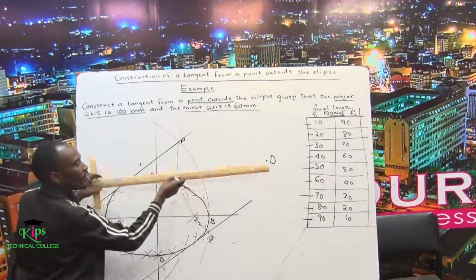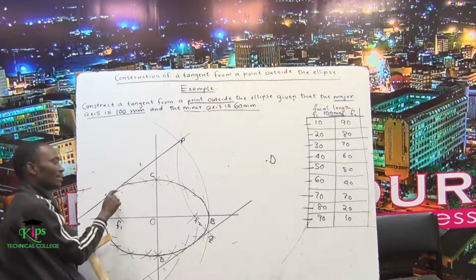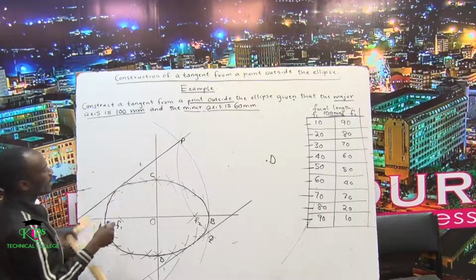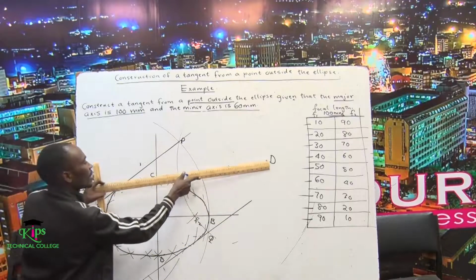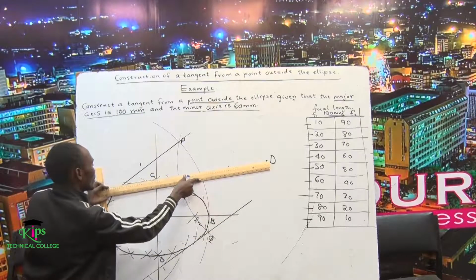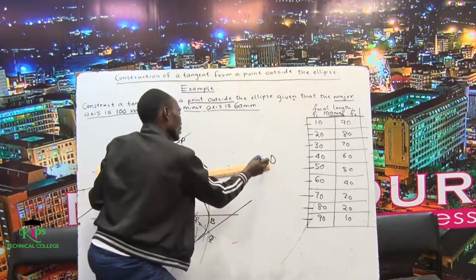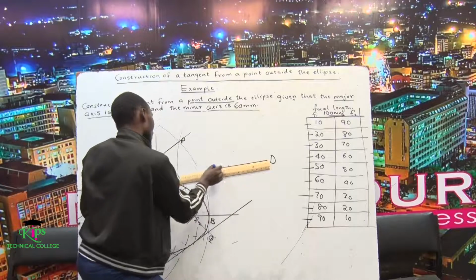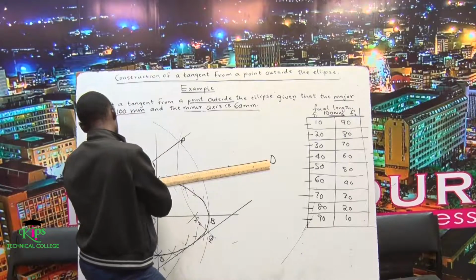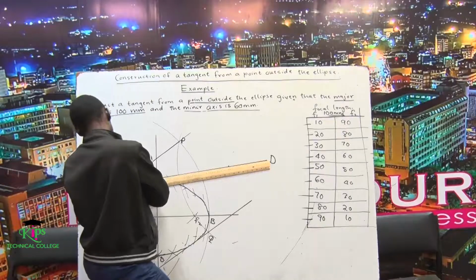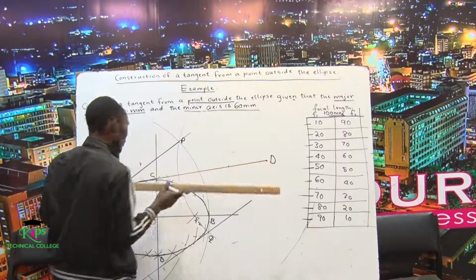So now I need to draw a tangential line towards this ellipse. Starting from point D, wherever this line touches the surface of the ellipse, I should draw a line towards that point. Like that.